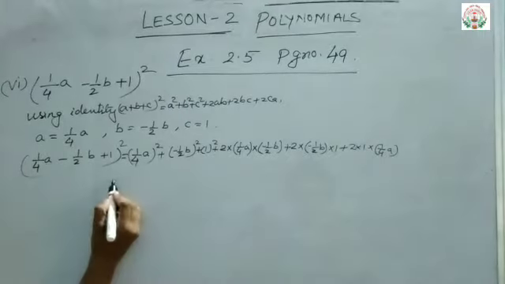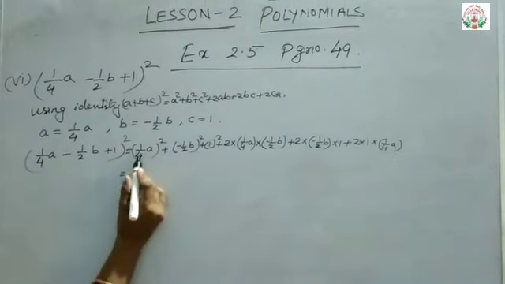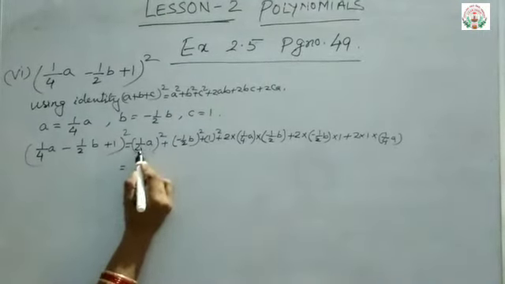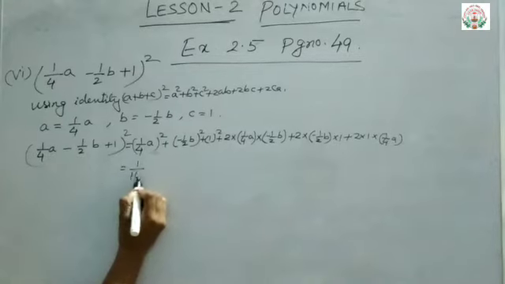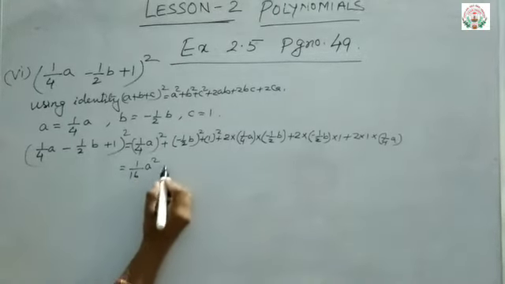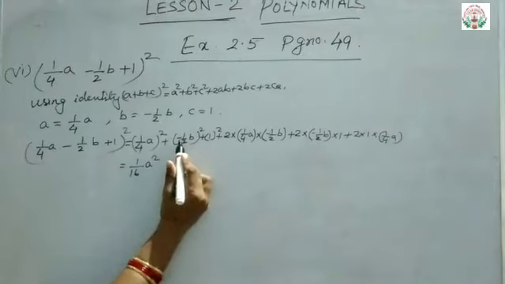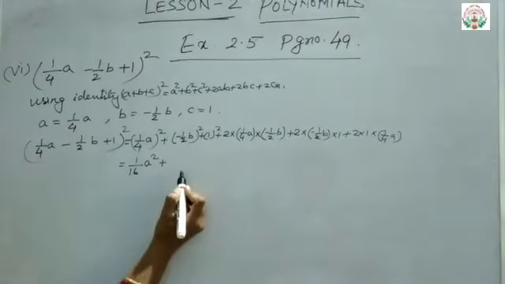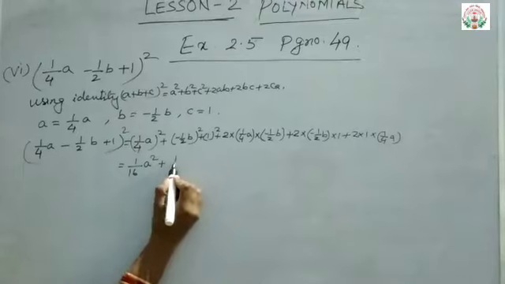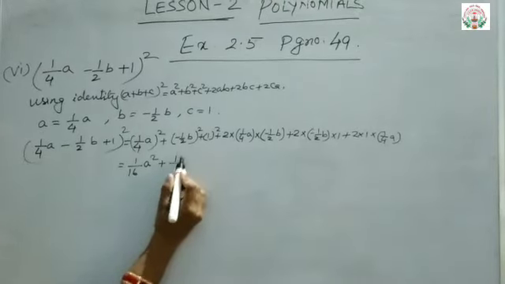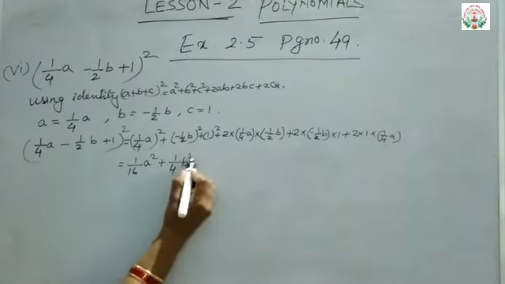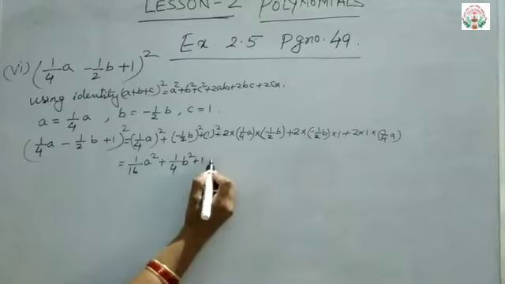Okay. Now on simplification of this, what? 1 square will be 1 and 4 square will be how much? 16a square. Then here minus is there and square means 2 times, so it will be plus. Minus into minus will be plus. 1 square is 1 and 2 square is 4b square, plus 1 square is 1.